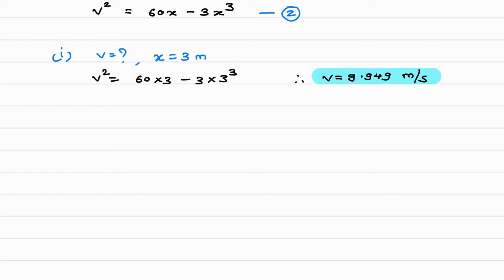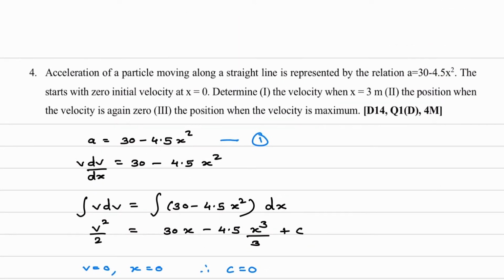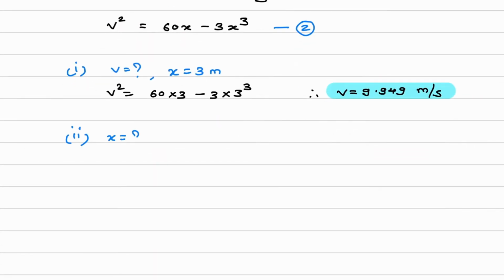Then we'll see the second part. What is the second part asked? The position when velocity is again 0. So we have to calculate x when velocity is 0. Just substitute the values in equation 2.